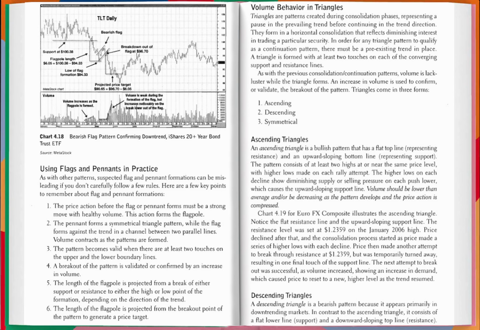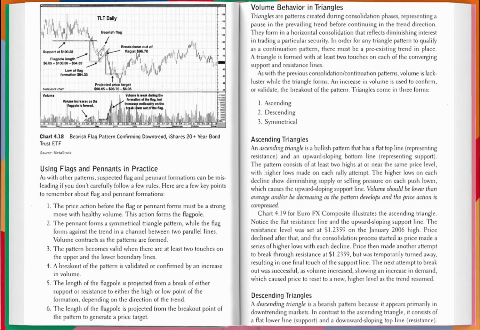Volume behavior in triangles. Triangles are patterns created during consolidation phases, representing a pause in the prevailing trend before continuing in the trend direction. They form in a horizontal consolidation that reflects diminishing interest in trading a particular security.